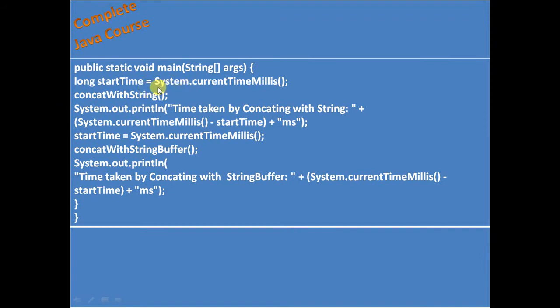By using the System class, there is one method, currentTimeMillis, which gives the current time. Then we call the concatWithString method. We pass the current time in the start time variable.